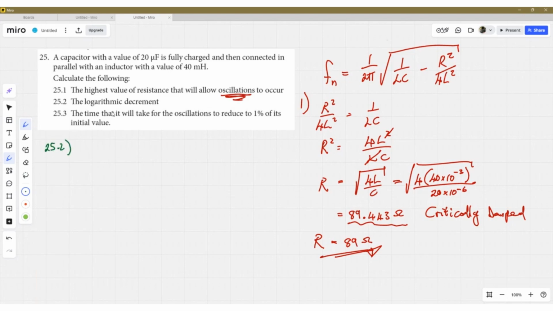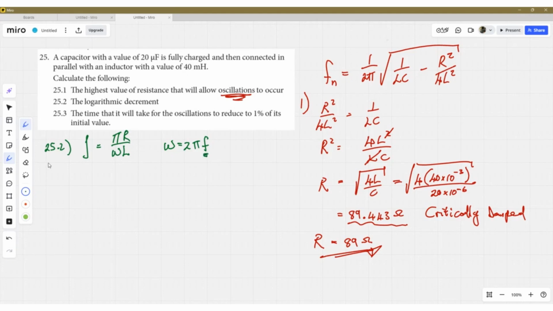Then 25.2, they want us to calculate the logarithmic decrement. The logarithmic decrement is going to be pi times R over omega L. We're running into a small problem here because omega is equal to 2 pi f, so we need to calculate what our natural frequency is.